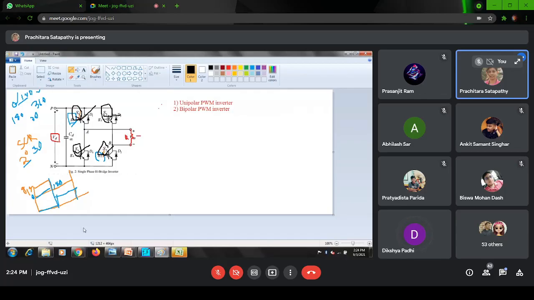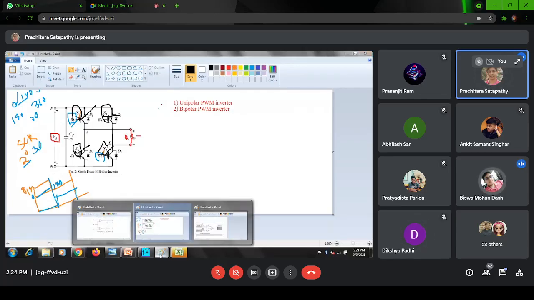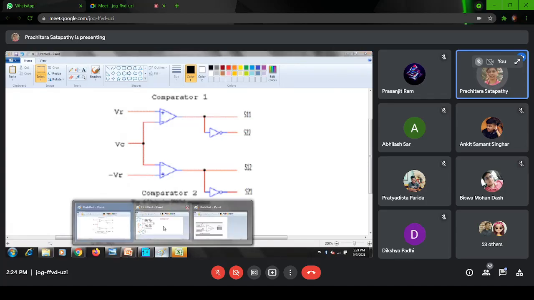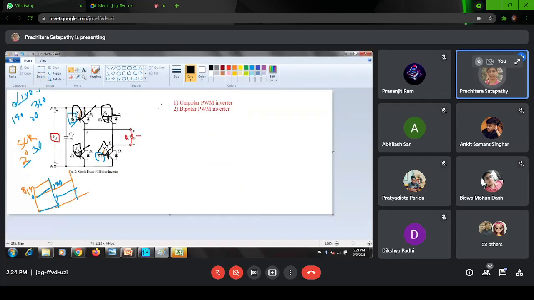Ma'am, I have a doubt. In the bipolar scheme, we took S1 and S2 together, but here we are looking branch-wise, separately. S1 on means S2 will be off, because you know if in a single arm both are on at a time, then this branch will be short circuited, this arm will be shorted, source will be shorted, you will not get any output.